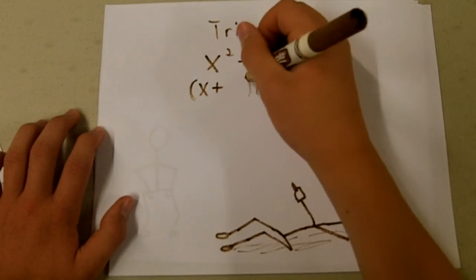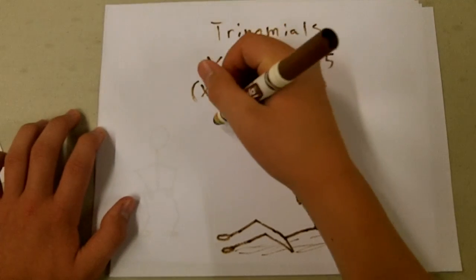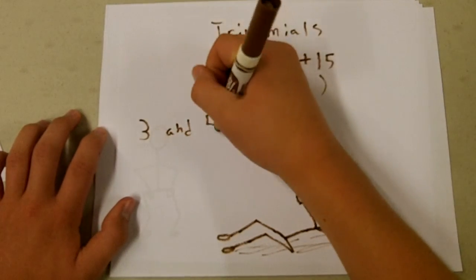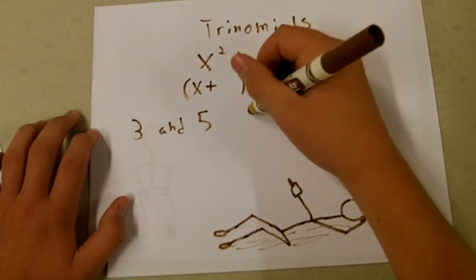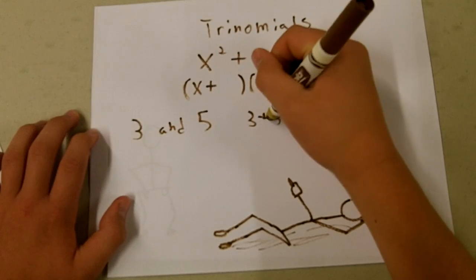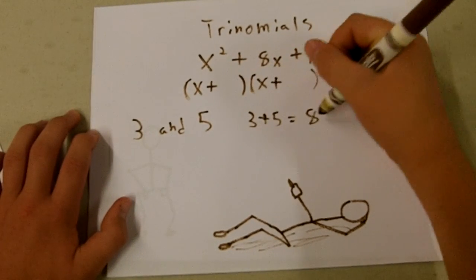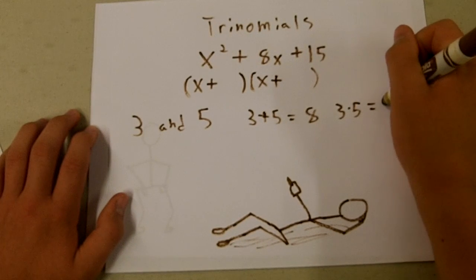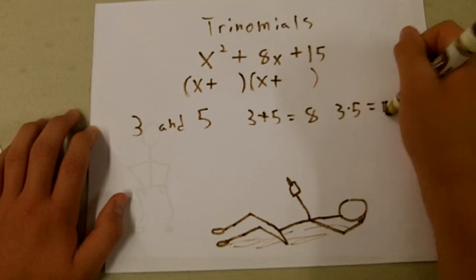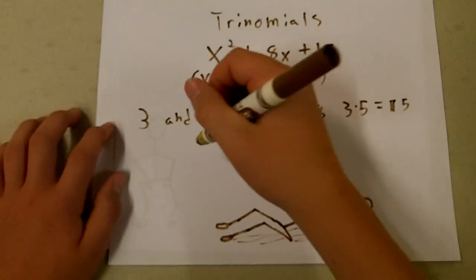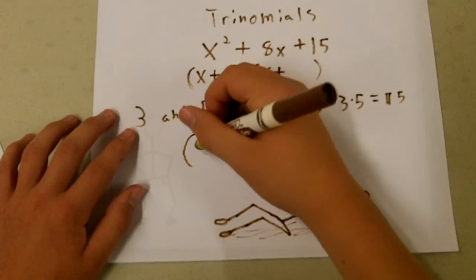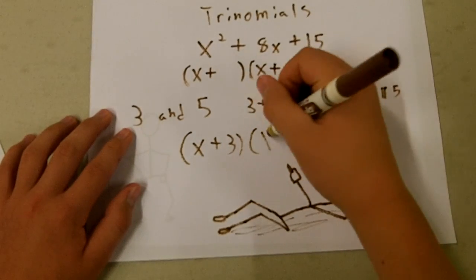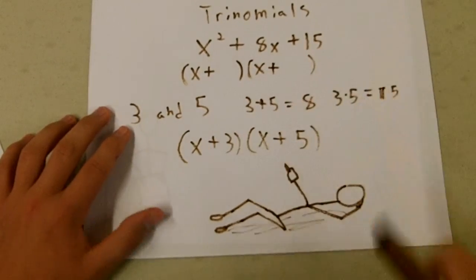And if we know our multiplication tables and think about this, we get 3 and 5, and I can prove it. 3 plus 5 equals 8, and 3 times 5 equals 15. So we take our equation, we put in x plus 3 and x plus 5.